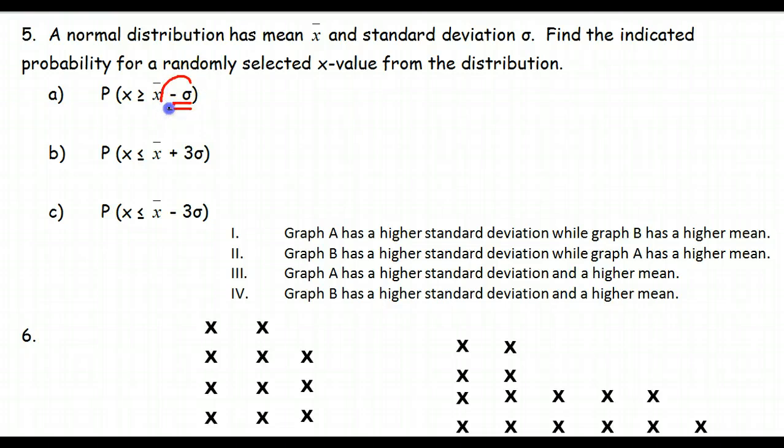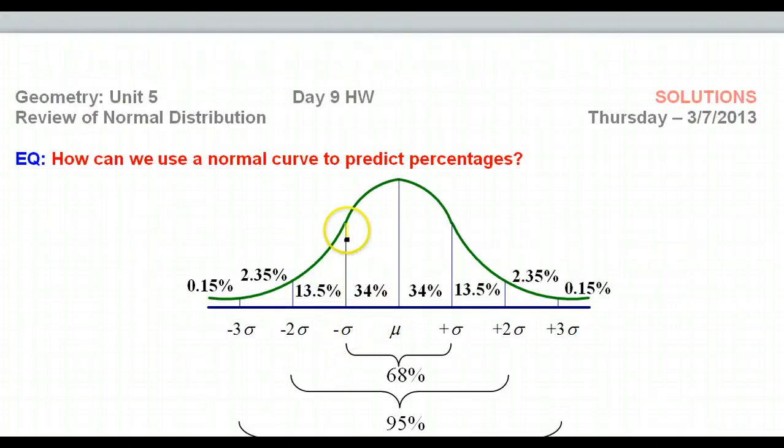But greater than, that means we're looking to the right. So -1 standard deviation is right here, okay? So here we are at -1 standard deviation.